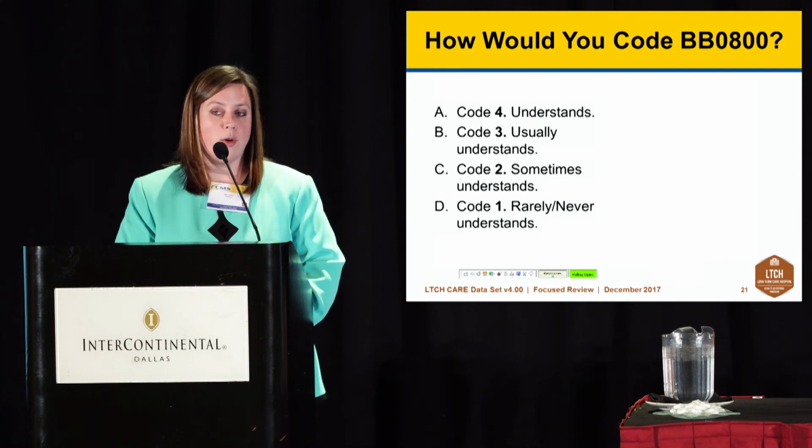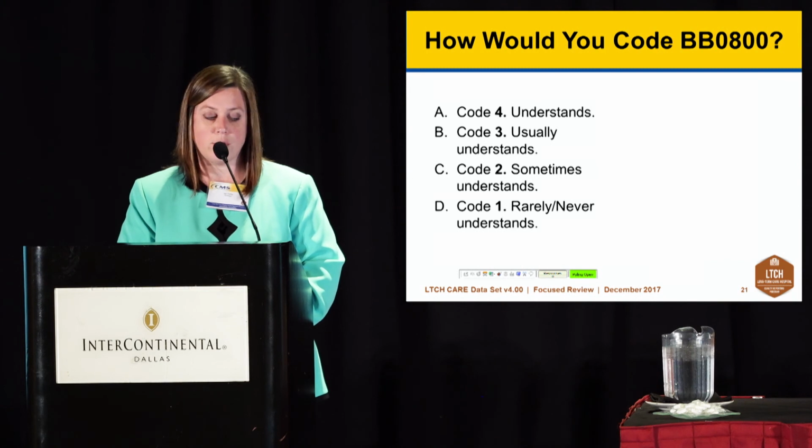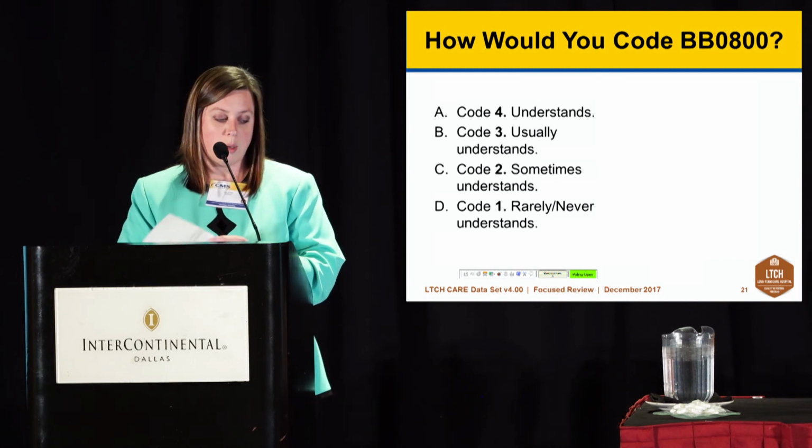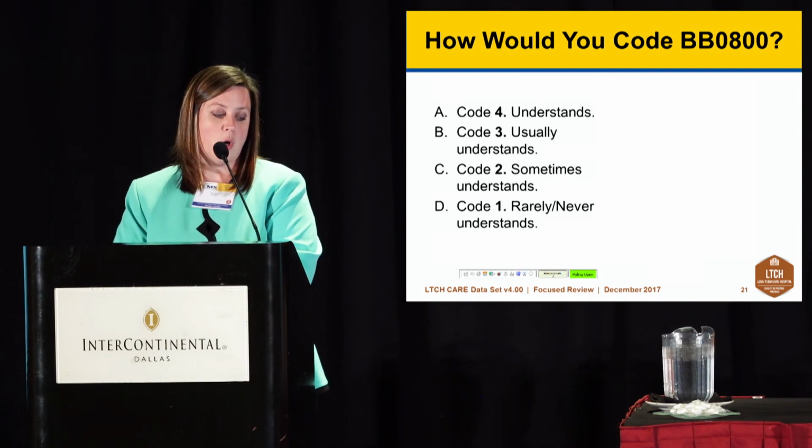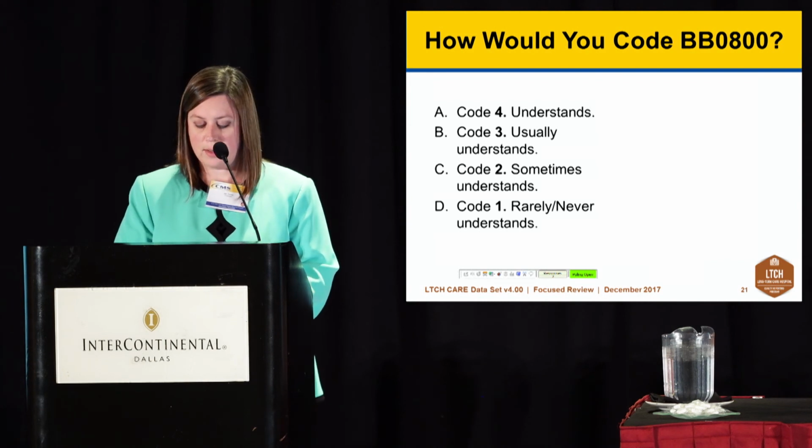And our options are coding 4, understands, code 3, usually understands, code 2, sometimes understands, or code 1, rarely or never understands.